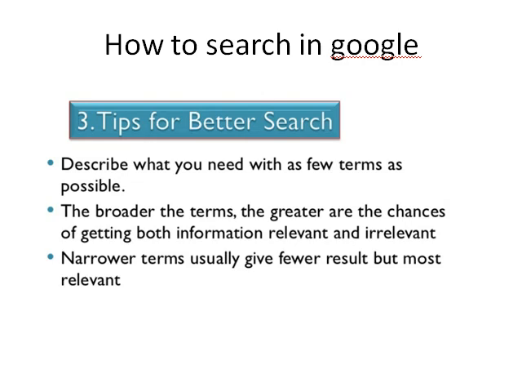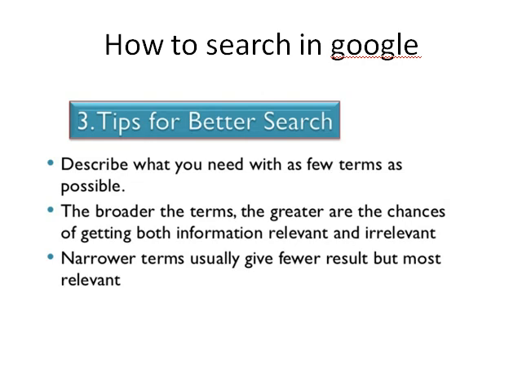If the Google terms are few, your search will be efficient. The broader the terms, the greater are the chances of getting both relevant and irrelevant information. Narrower terms usually give fewer results but most relevant.